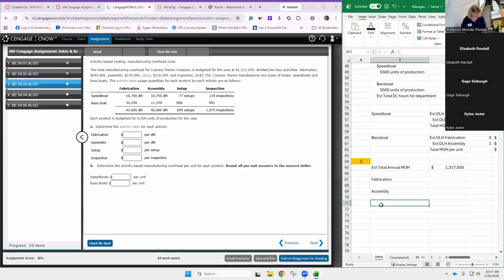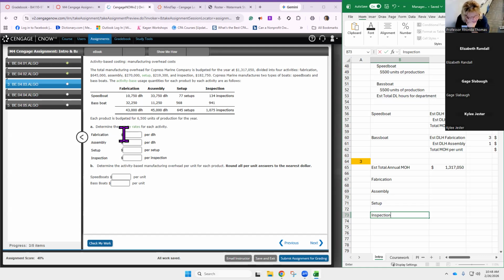And we have a setup and inspection. So these are activities that happen at this manufacturer. So here's what we need. Here's the total direct labor hours under fabrication.